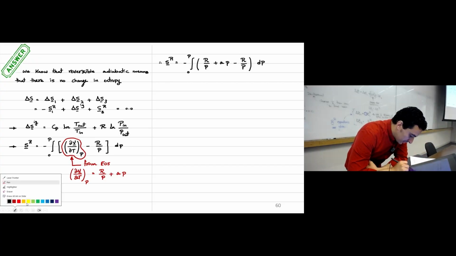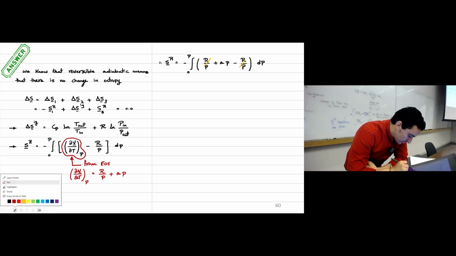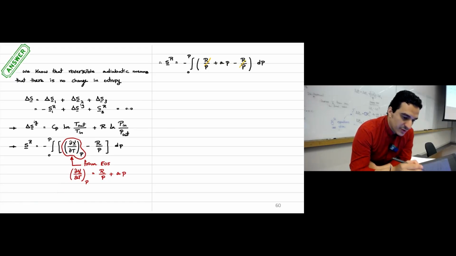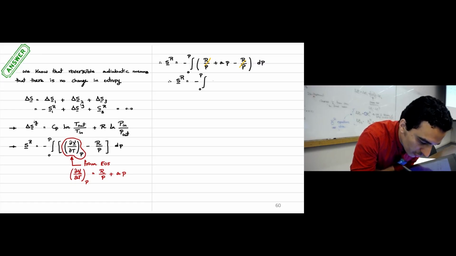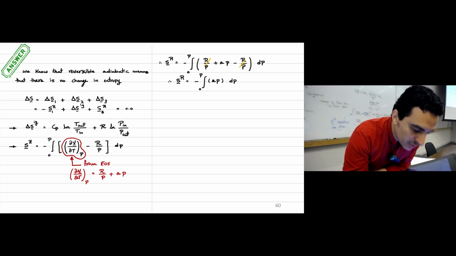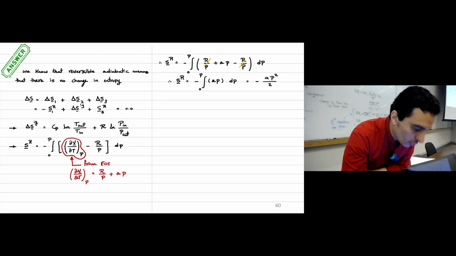Again, we have two terms repeated here, so R over P will cancel with minus R over P. At the end, the residual entropy will be negative integration from 0 to the final pressure of AP with respect to dP. If you did this integration, this will be minus A P squared over 2.